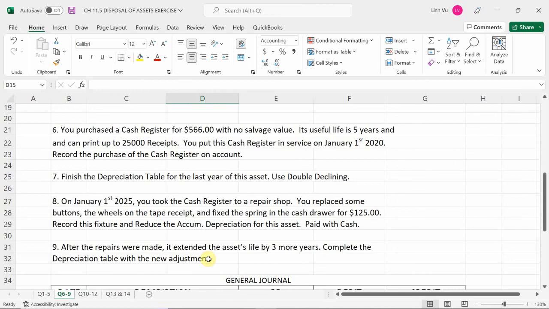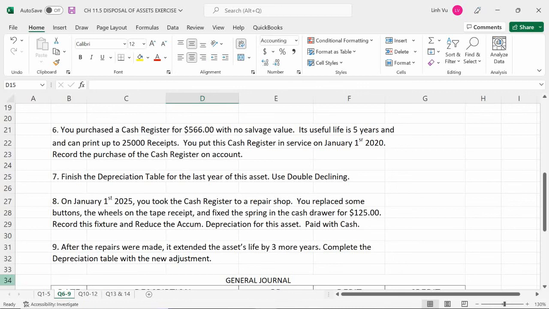Okay, record this fixture and reduce the accumulated depreciation for this asset, paid with cash. So what are we doing here? We fixed the machine, right?